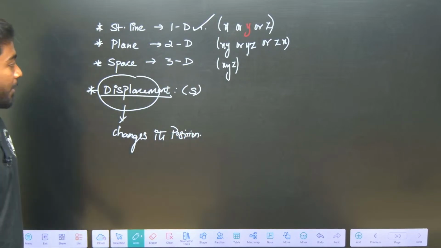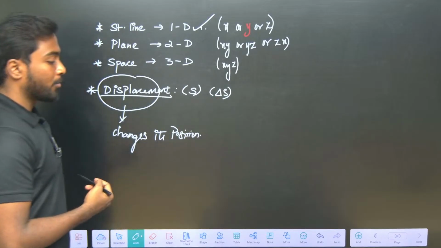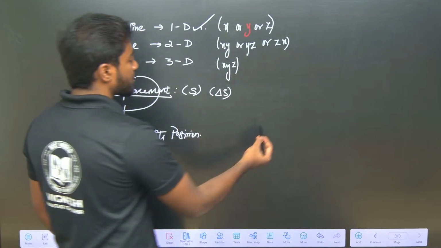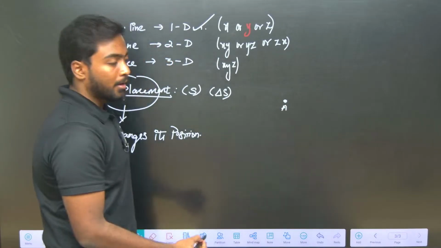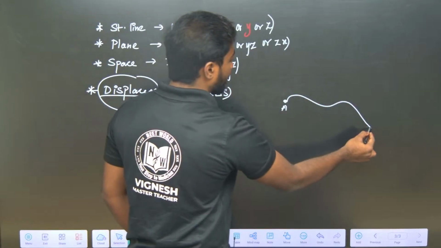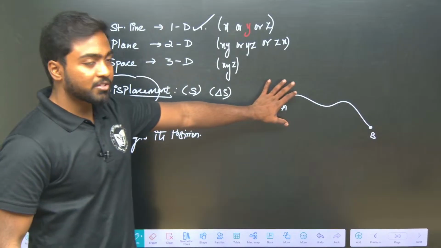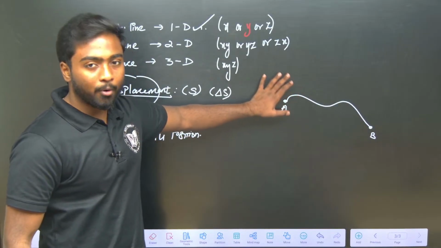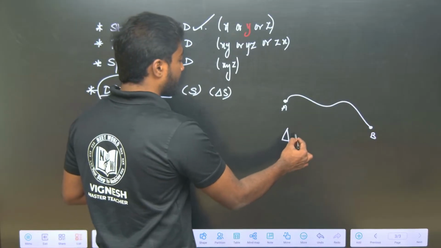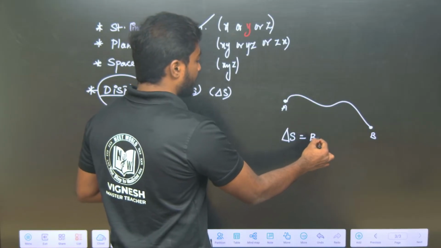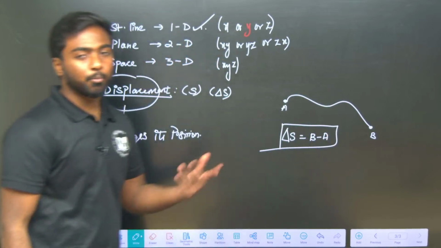So for example, delta S. Initially the object was at point A and it has moved somewhere to point B. The initial position of the object was at point A, the final at point B. So displacement is nothing but B minus A, it changes its position.